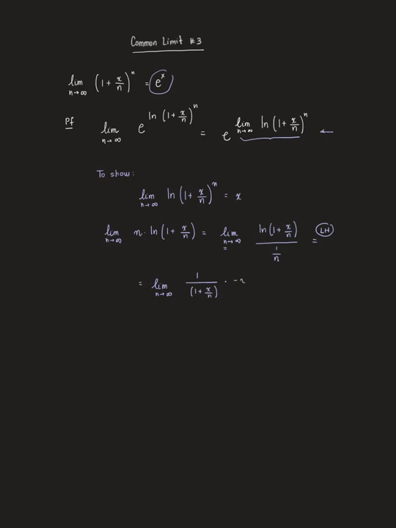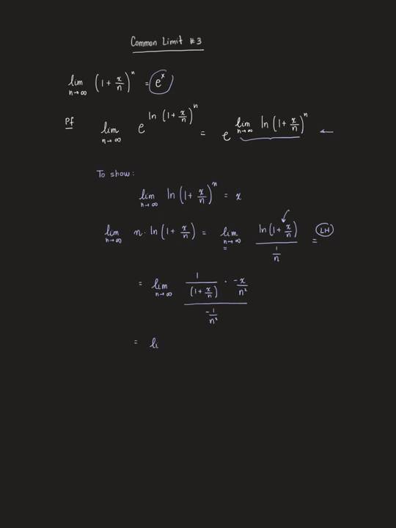So it's negative x over n squared. In the denominator, the derivative of n to the negative 1 power, or 1 over n, will be negative 1 over n squared.